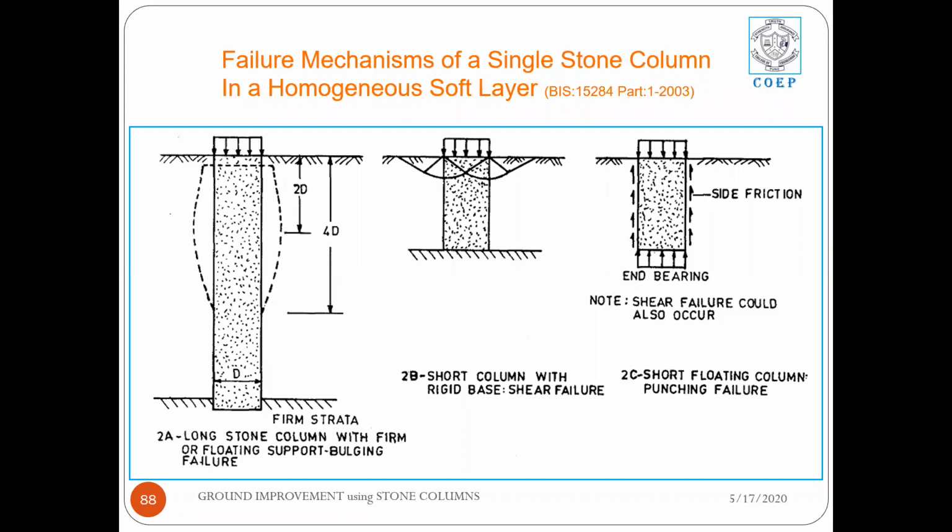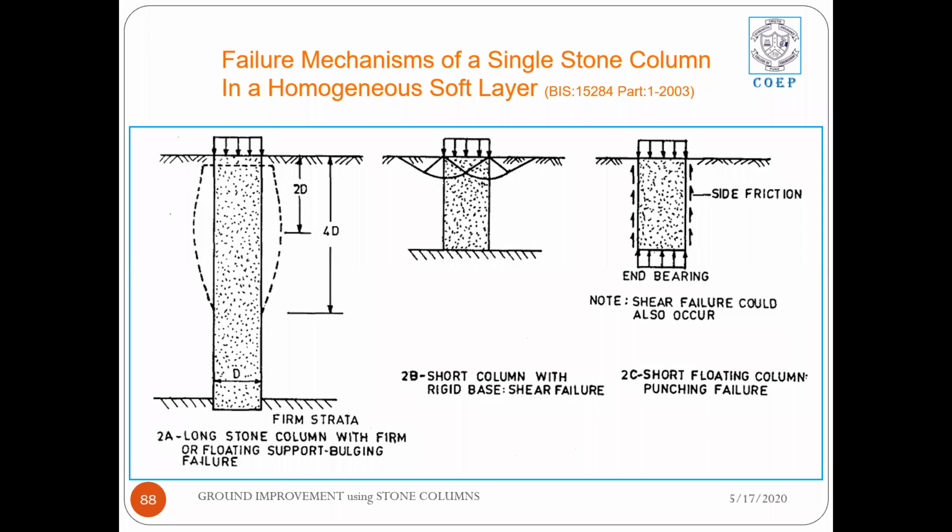The bulge is taking place, and the bulging has been shown with the help of the dotted lines, and the maximum deformation is observed at a depth of 2 times the diameter when only the stone column is loaded. It has to be observed here that in all the 3 cases that we are referring to in this figure, only stone column loading is carried out.